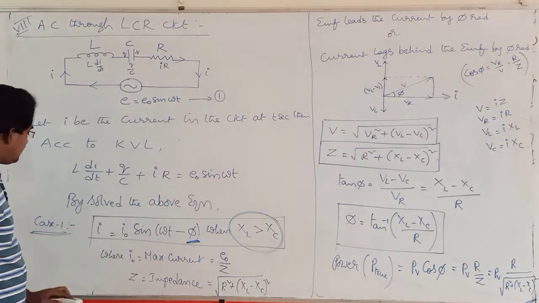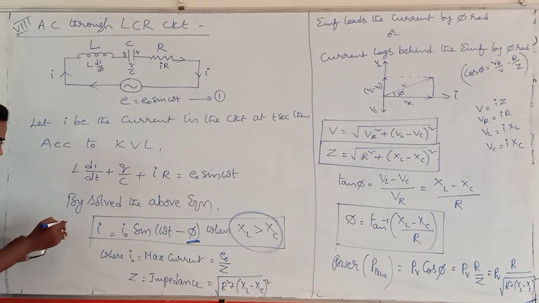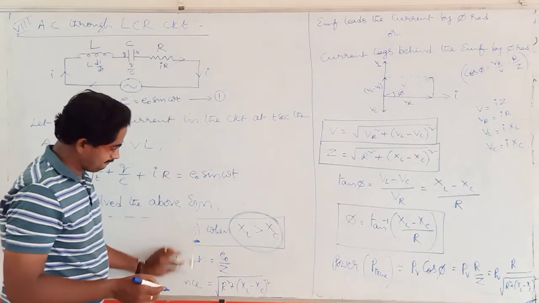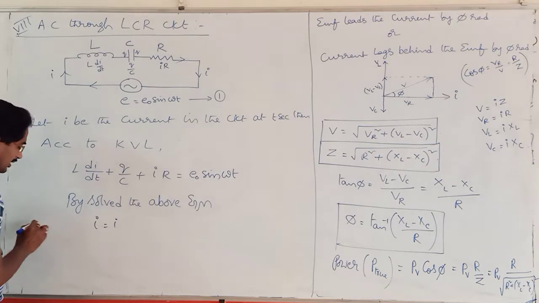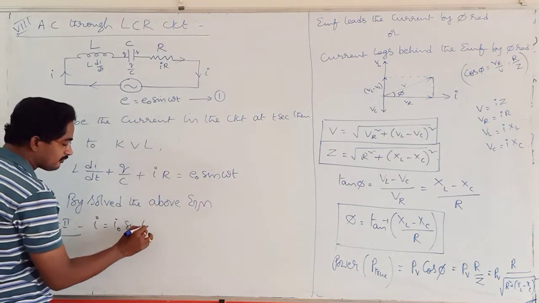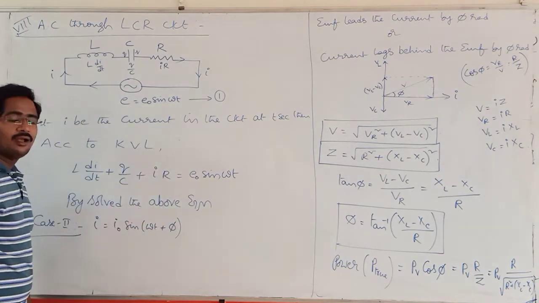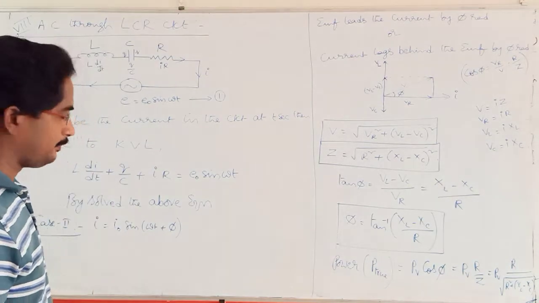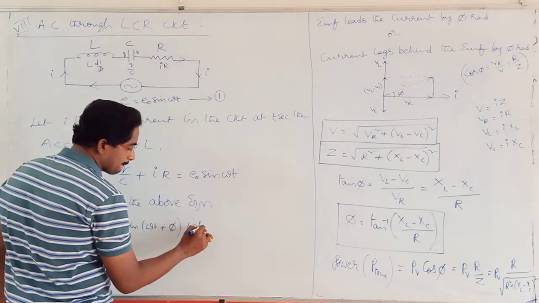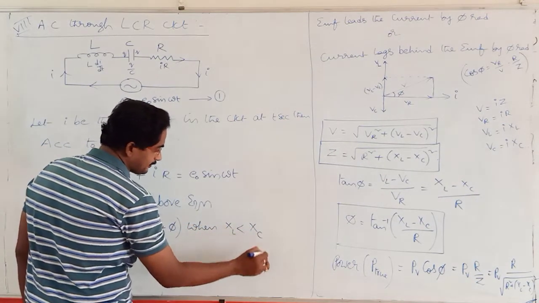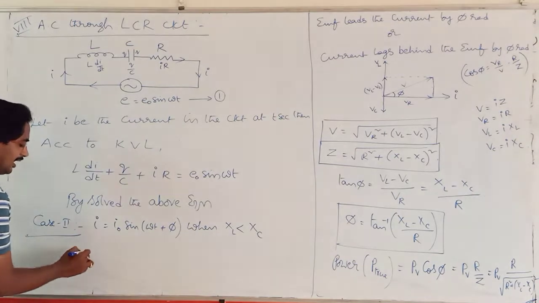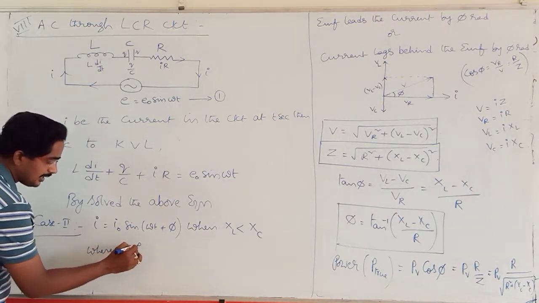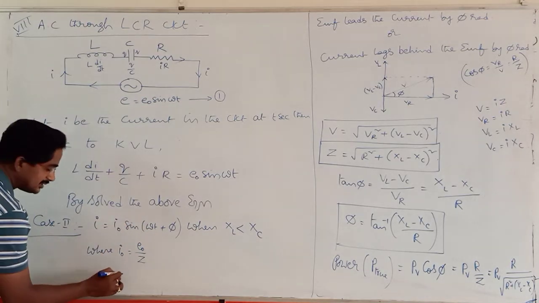By solving the above equation, the current value we are getting is, in case 2, I equals I naught sin(omega t plus phi), when XL is less than XC. Where I naught equals E naught by Z.